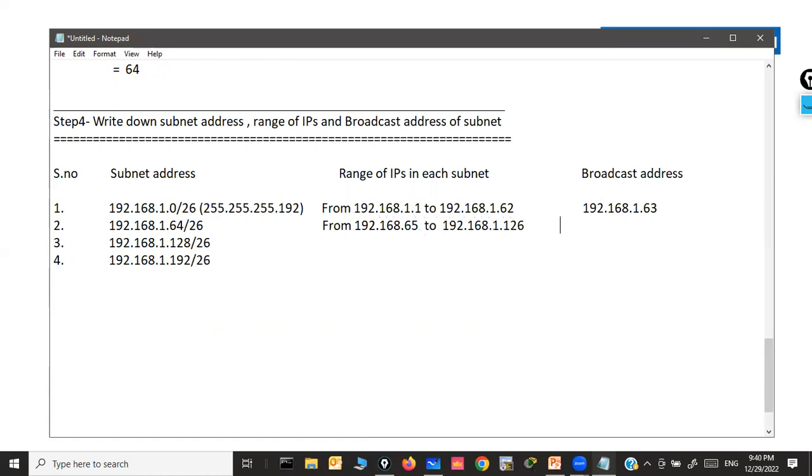192.168.1.126. For subnetting also, a calculator is available. There is a subnet calculator, and even an app for Android and iOS. So you can use that app for subnet calculation, but it is not recommended. You should understand the logic, because it would be really helpful in understanding advanced networking.